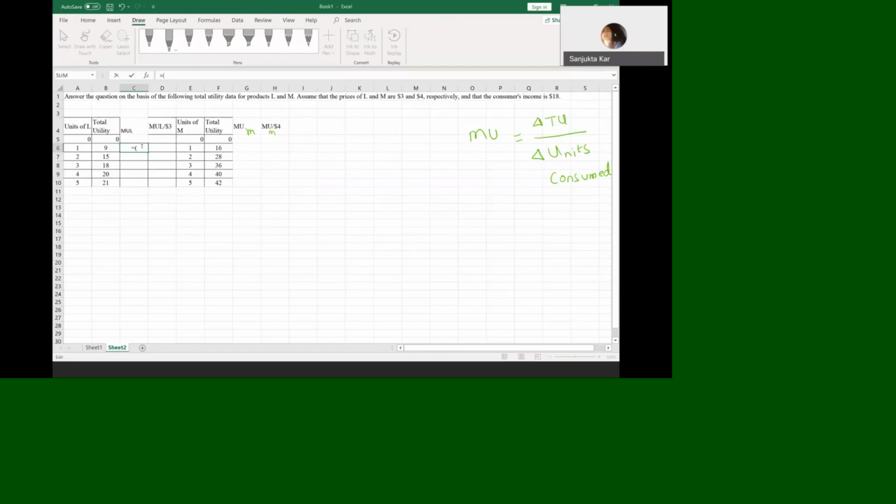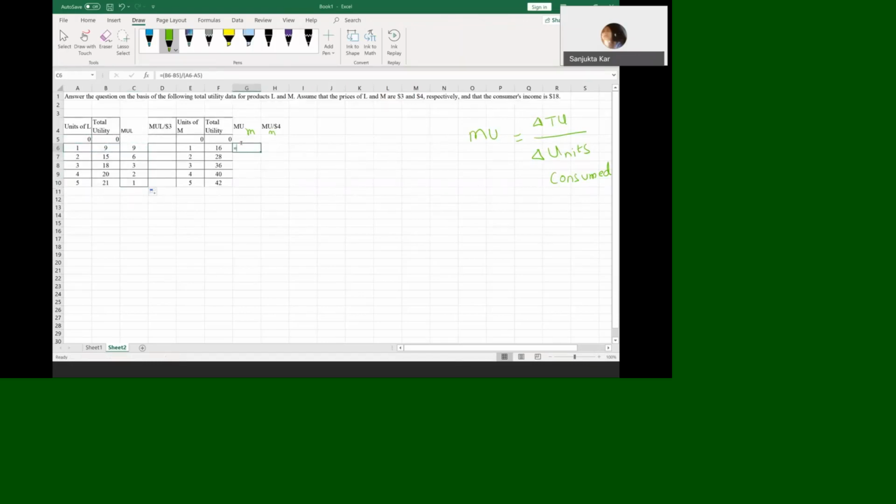So this number will be equal to 9 minus 0, this whole thing divided by this one minus this one. This is what I'm getting here. Yes, these numbers are looking good.